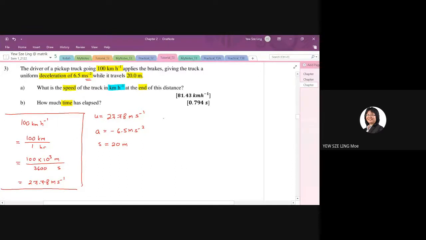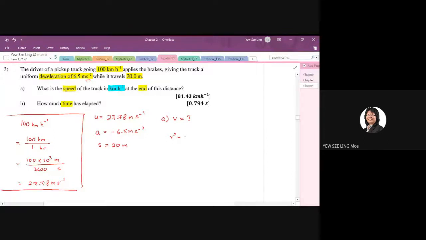So let's solve question A now. Question A wants you to solve for speed. So speed is V. So V is unknown. Now I have U, I have A, I have S, and I want to find V. So the equation that I'm going to use is V squared equals to U squared plus 2AS.